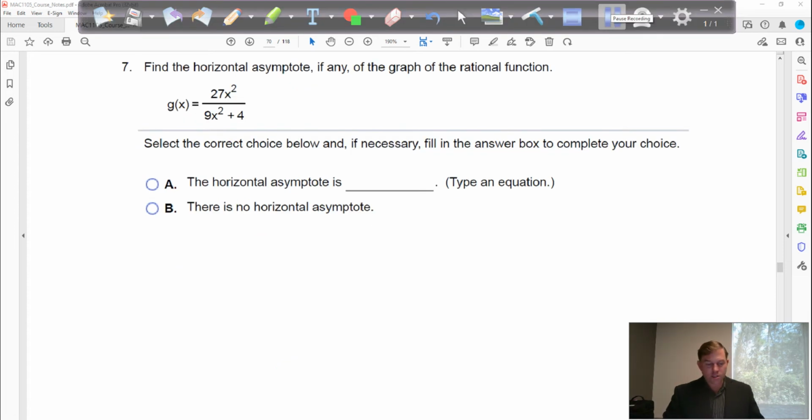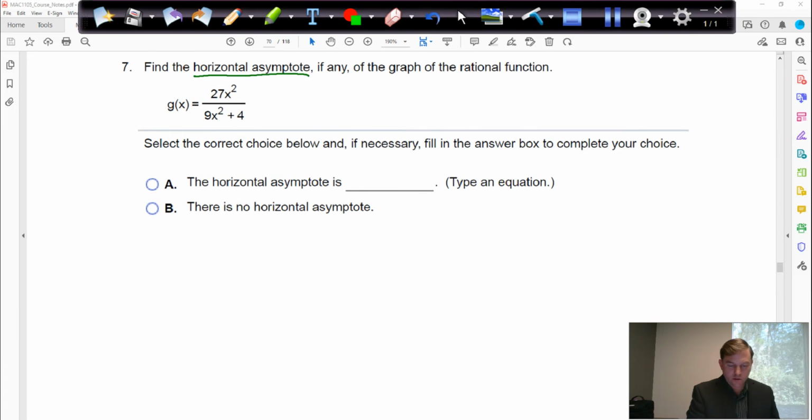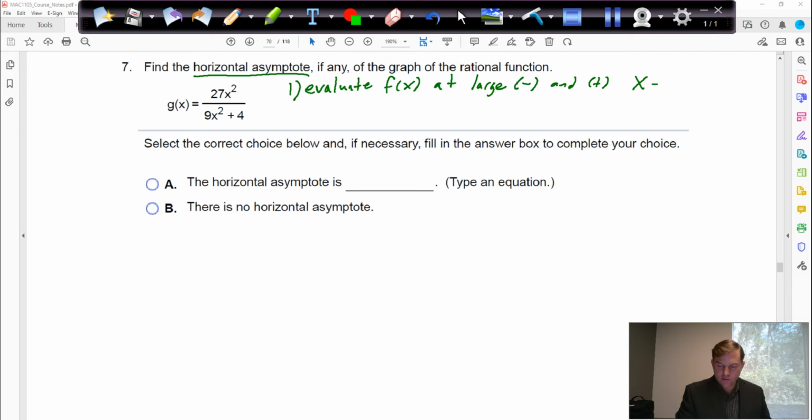All right, for 7, we're going to find horizontal asymptotes. And to find those, there's 2 methods to do it, and I'll show you both methods. One method is you're going to evaluate the function at large negative and positive x values.